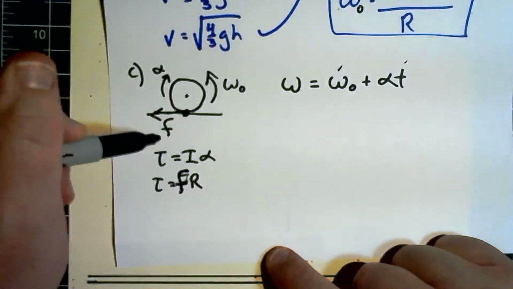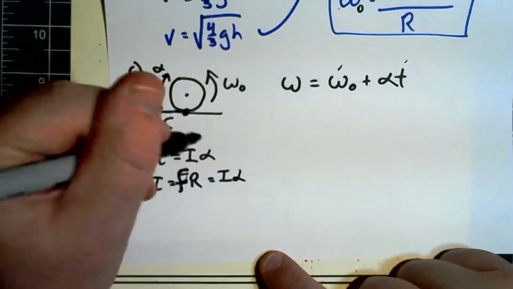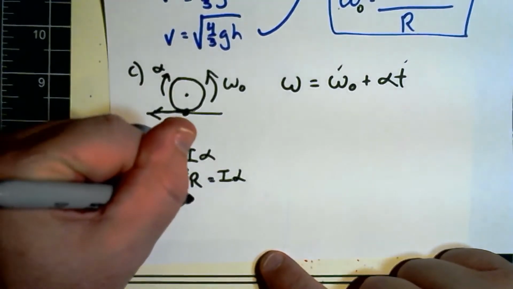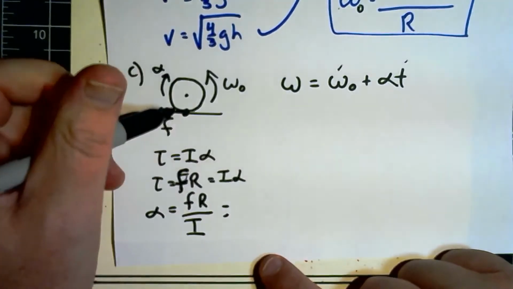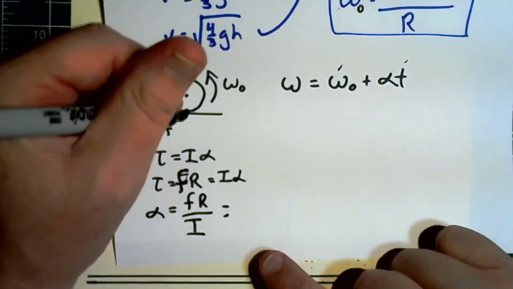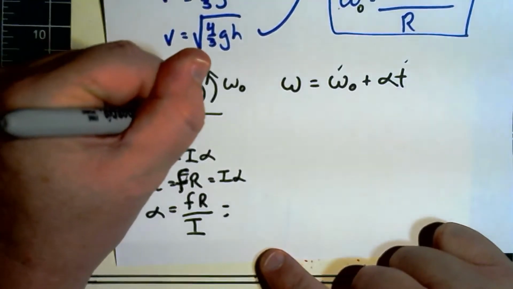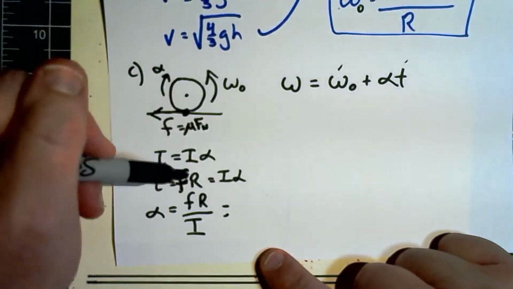f, lowercase f, sorry. And that equals I alpha. So therefore alpha is the friction times the radius divided by I. Now the friction is mu times my normal force. And my normal force is just going to be the same as the force of gravity.